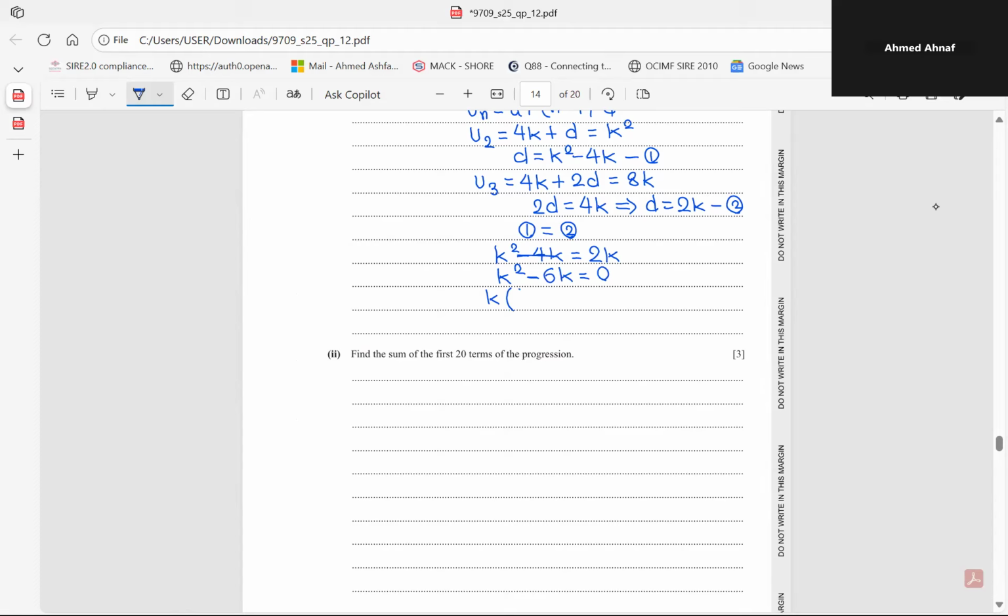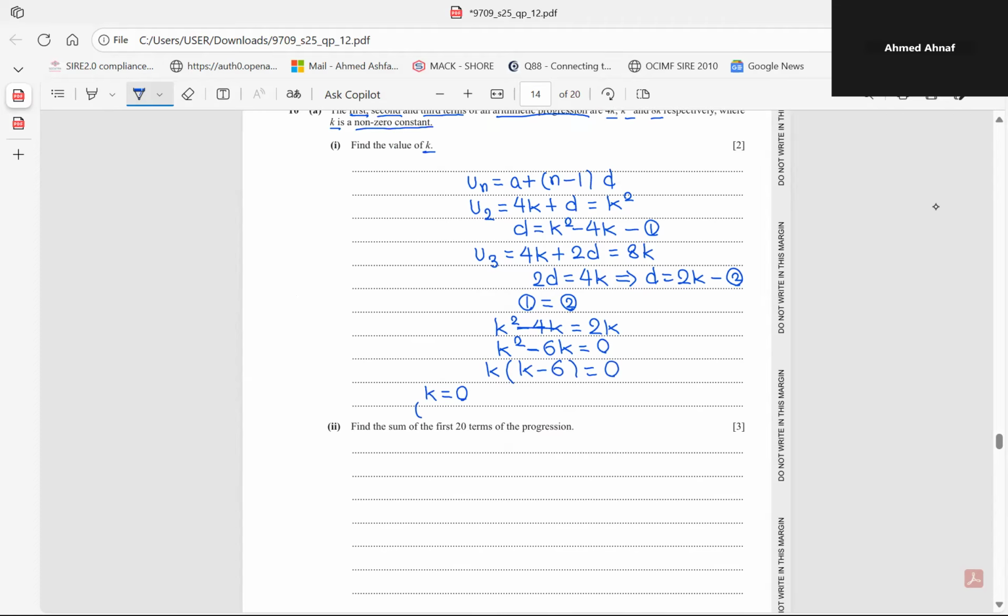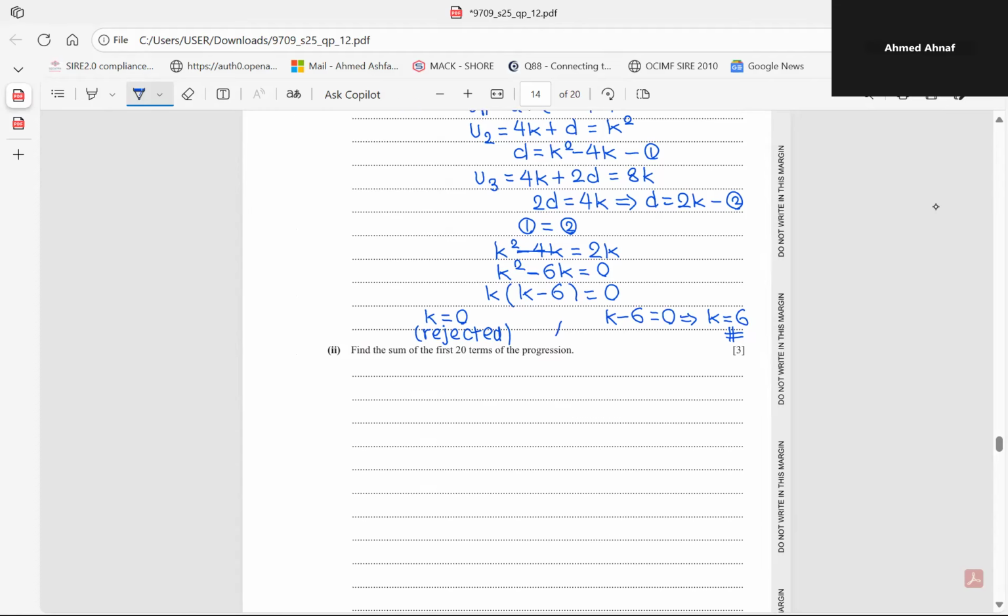So we'll have k times k minus 6 equals 0. So solving this, we'll have k equals 0. But they clearly said that k is a non-zero constant, so this has to be rejected. So the second solution would be k minus 6 equals 0, which would give us k equals 6. So this is our value of k. Let's head on to the next part.